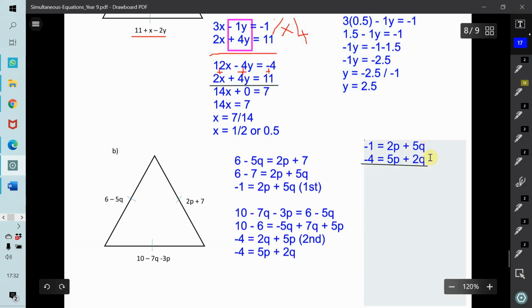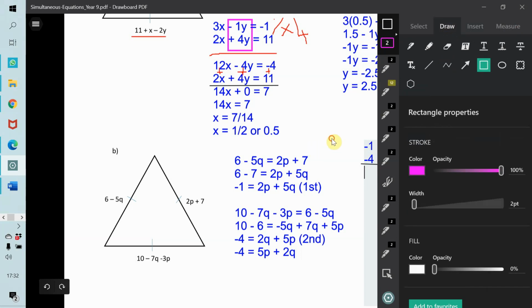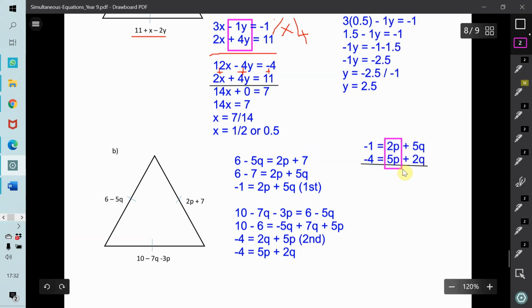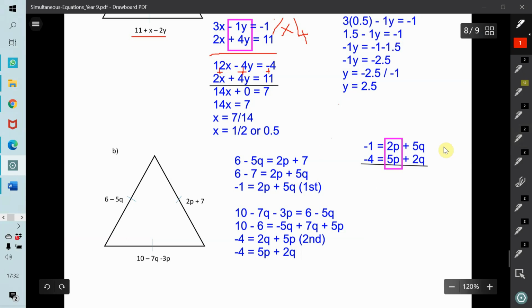Now, I need to see which ones are the same, and nothing is being shown as the same. So if I want to remove the p's, they're not the same, and there is no number I can multiply to the 2 or to the 5 to make it the same. So this I need to multiply by 5.